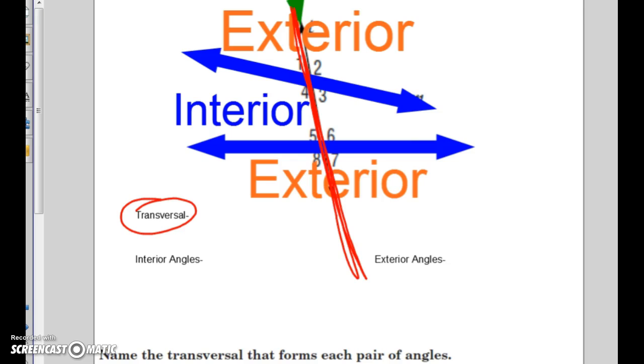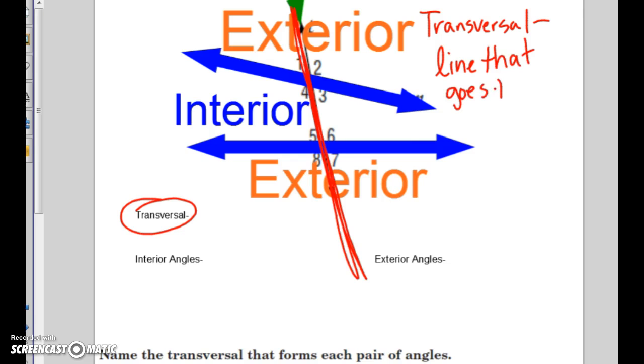You're going to write that down here on your foldable. Transversal. A transversal is a line that goes through two or more lines.